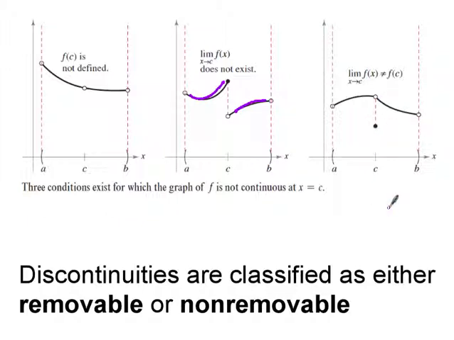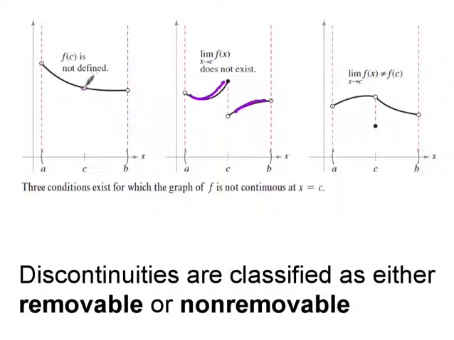So then let's talk about these, because if you remember back to pre-calculus, we classified discontinuities as either removable or non-removable. And remember, we had a nifty little way to classify them. We're going to take our pen, and if there is a way that I can put one dot in this graph so that the discontinuity is gone, that's called removable. So could I put a dot on this first graph?